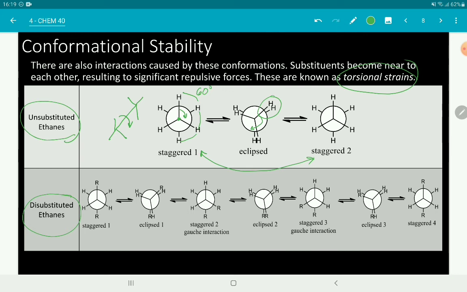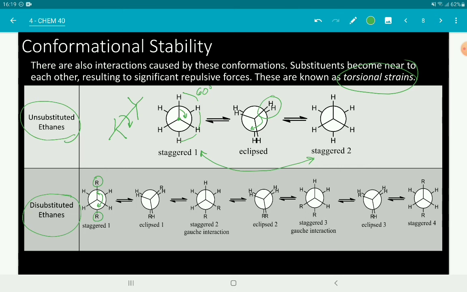Okay? So, tingnan naman natin yung mga disubstituted ethanes. So, makikita nyo, meron siyang dalawang R. Yung dalawang R na to, ang distance nila, okay, sa dihedral ay 180 degrees. So, this is the maximum possible distance between two substituents dun sa dihedral angle. Okay?